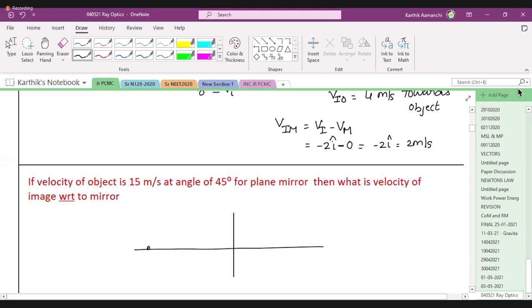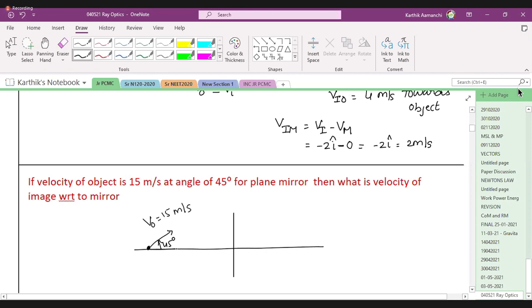So the velocity of the object is 15 meters per second at an angle of 45 degrees to the plane of the mirror. Not plane mirror, but the plane of the mirror. So if this is your mirror, it is making an angle of 45 degrees, right?